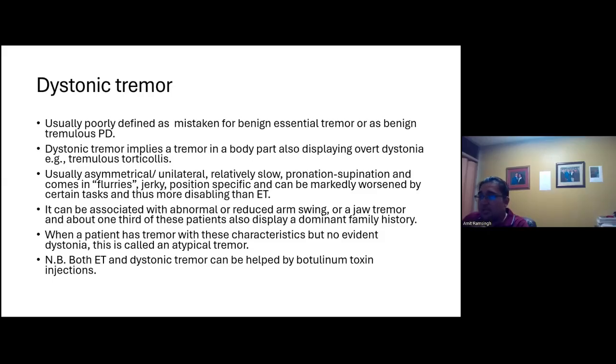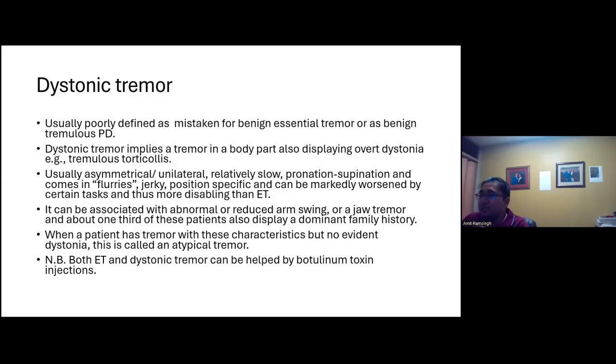It could be associated with abnormal or reduced arm swing or a jaw tremor in about a third of the patients. So when a patient has a tremor with these characteristics, but no evidence of dystonia, we call it an atypical tremor. So note well that both essential tremor and dystonic tremor could be treated by botulinum toxin A type injections.